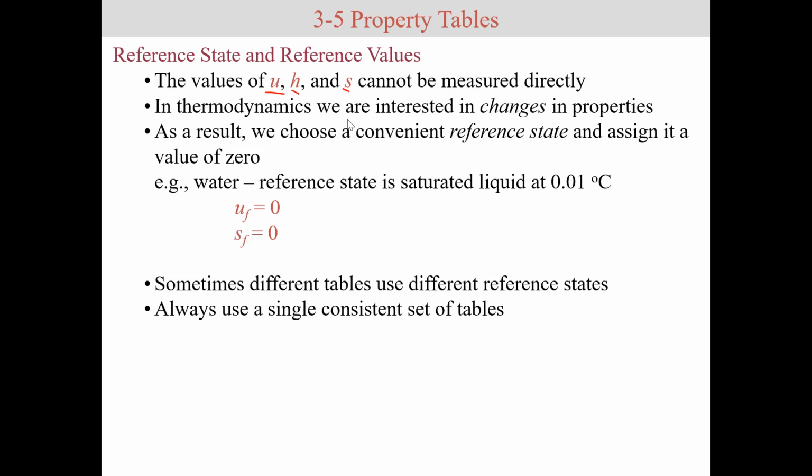So in thermodynamics, we're not interested in the absolute values of these properties. We're interested in changes in these properties. So as a result, we choose a convenient reference state and assign it a value of 0. For example, for water, the reference state is a saturated liquid at 0.01 degrees Celsius, where we attribute an internal energy and an entropy value of 0.